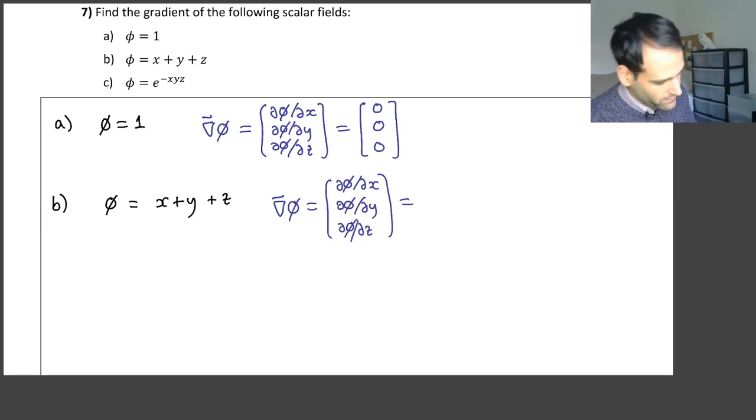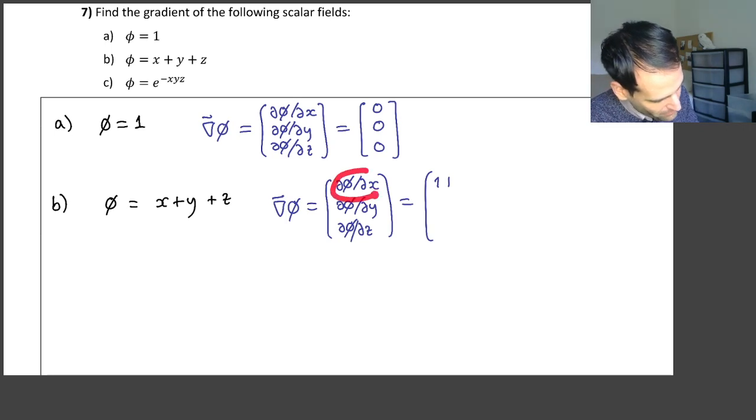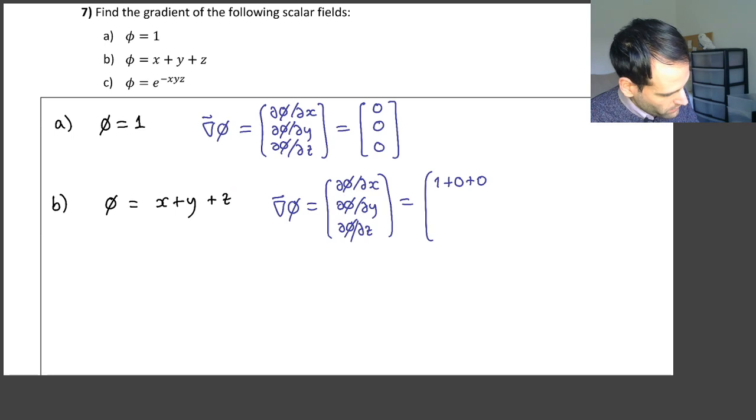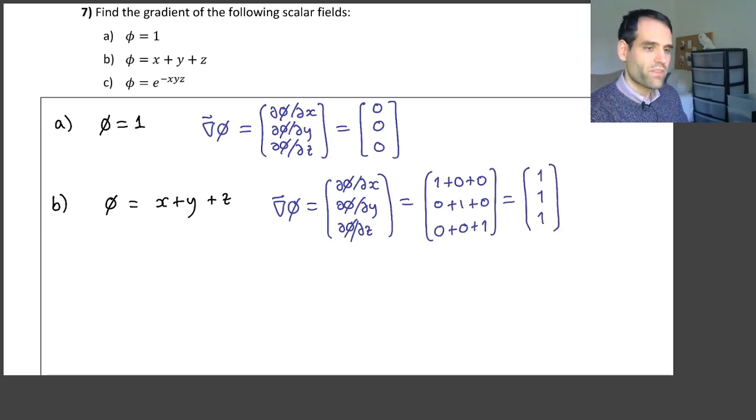So if we calculate that, derivative of phi with respect to x, that's 1 plus 0 plus 0. Derivative of phi with respect to y, that's 0 plus 1 plus 0. And derivative of phi with respect to z, 0 plus 0 plus 1. So our vector, the gradient is 1, 1, 1. Okay?